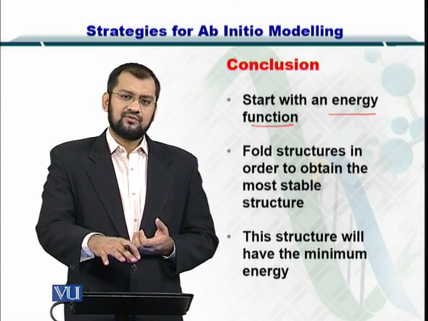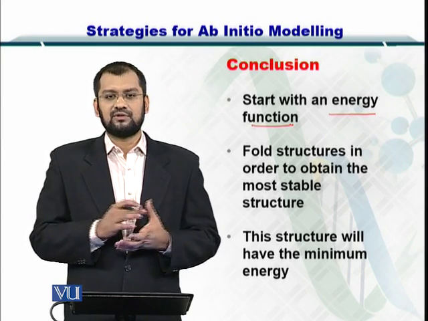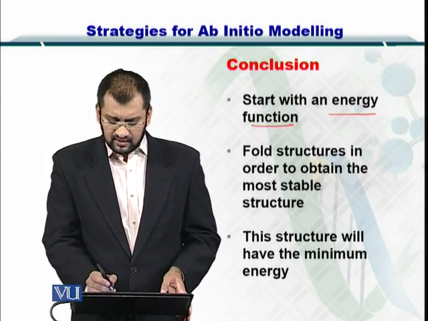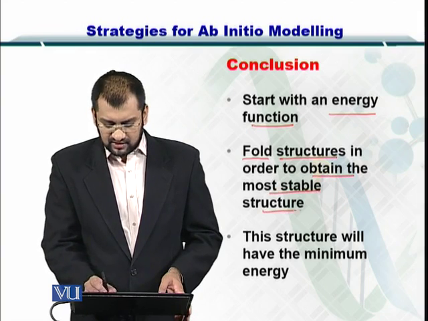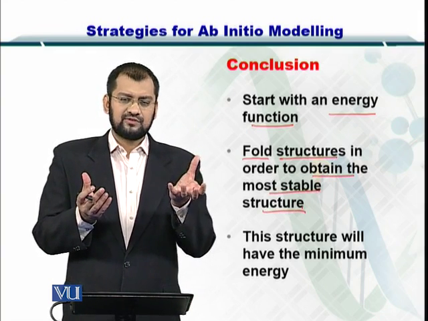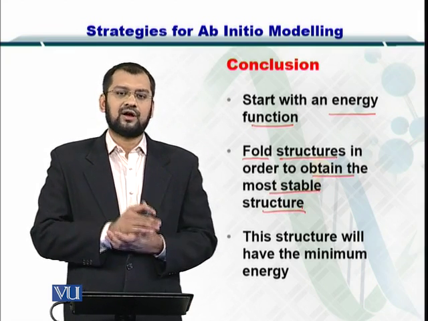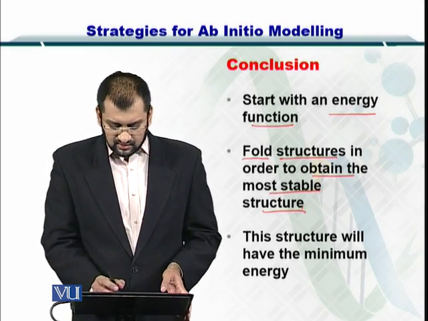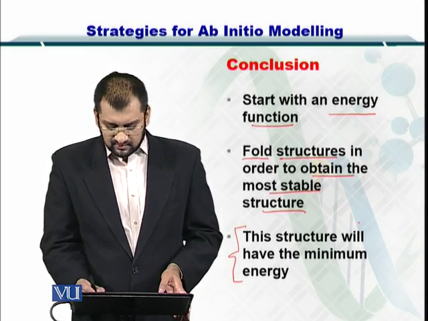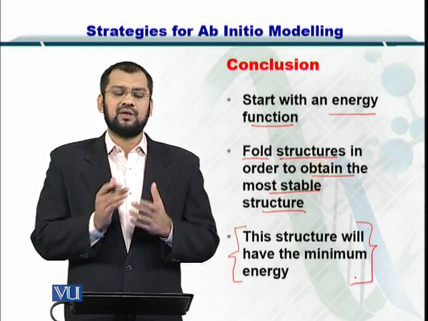The more negative the energy value, the better structure, or the energetically stable structure, you have. Next, you fold the structures in order to obtain the most stable structure. So you allow your sequence to fold into that structure conformation and see if there are any optimizations that may be necessary. And the underlying principle will help you to arrive at a structure that has the minimum energy.